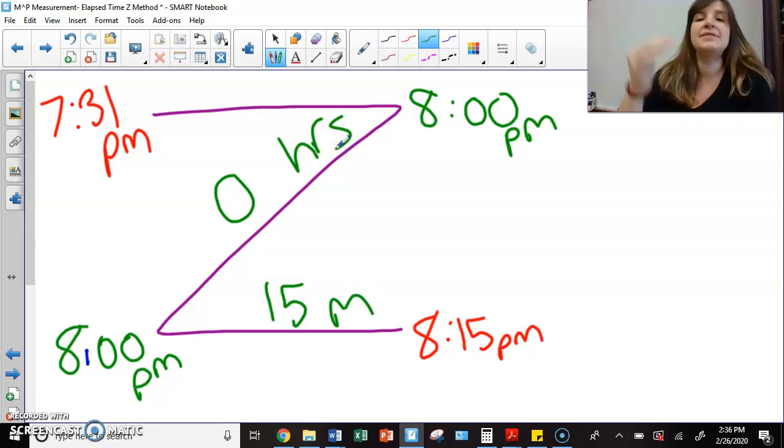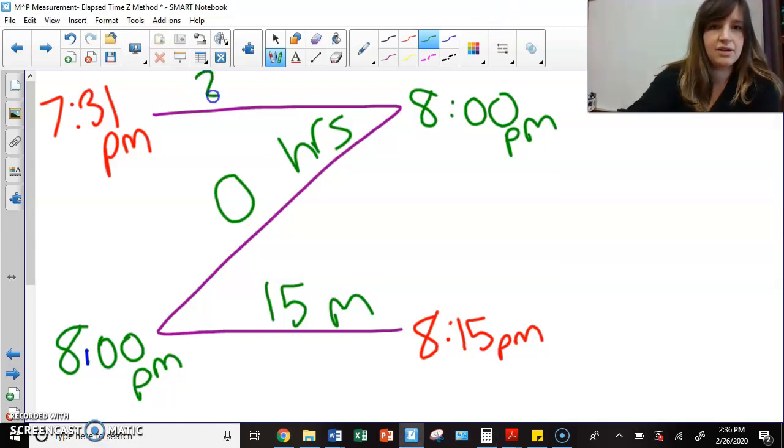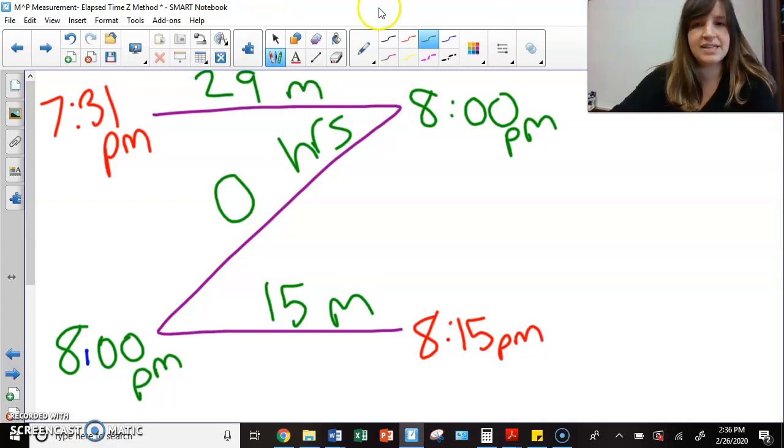The top line, I'm taking 60 minutes, and I'm taking 60 minus 31, which equals 29. Okay, so I'm adding my top line and my bottom line because they're the same unit of minutes.